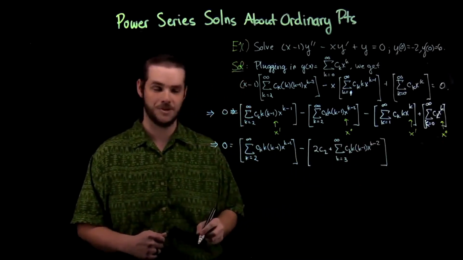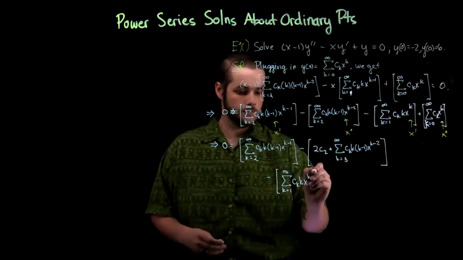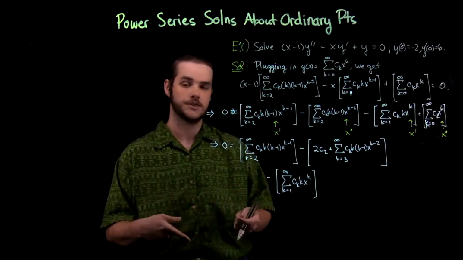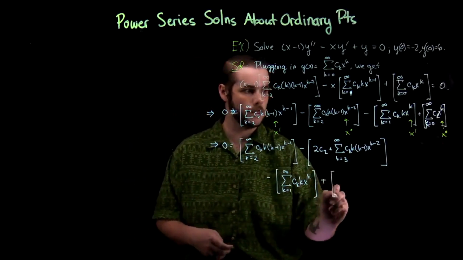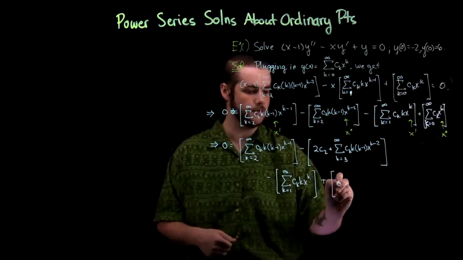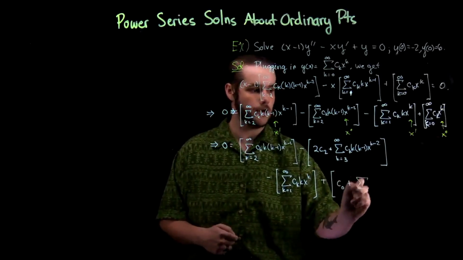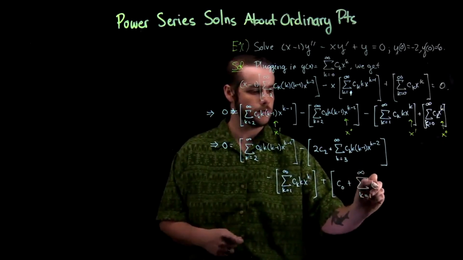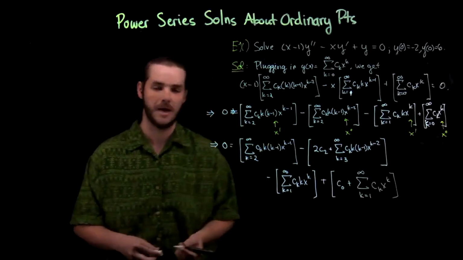Need a little bit more room here. Third term doesn't change. Fourth term, I need to strip out 1 term, so that it starts from x to the 1. When I plug in 0, I get c0 times 1. And now I start counting from 1. And sure enough, my first term will start with x to the 1 power.